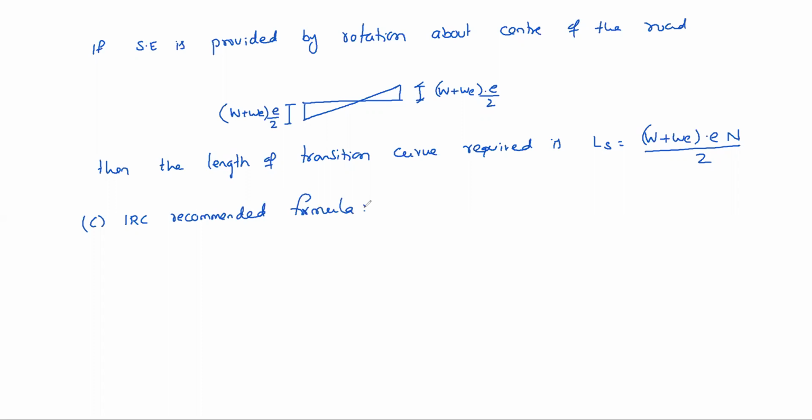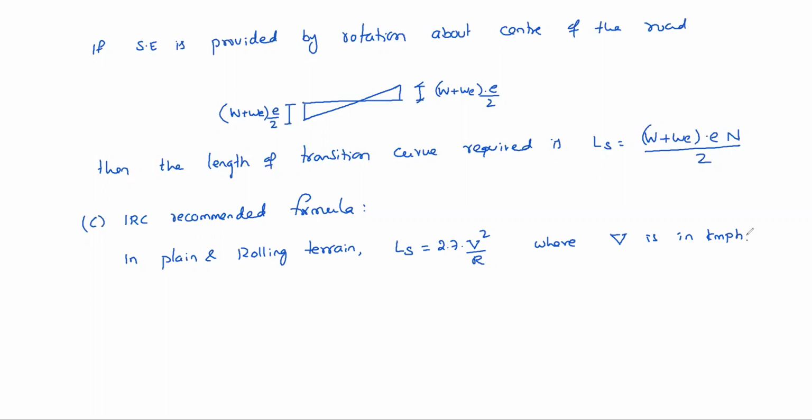IRC recommended formula: in plain and rolling terrain, the minimum LS required is 2.7 V square by R, where V is in kmph. This is an empirical formula.